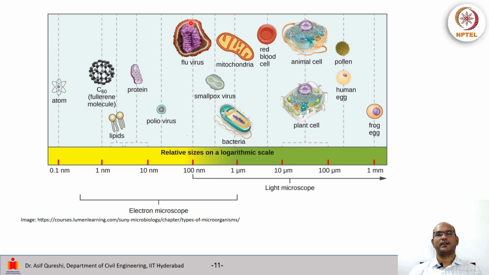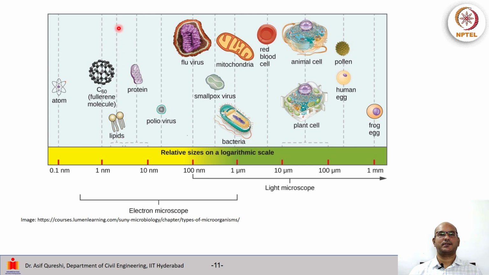Then we have the flu virus, 100 nanometer or 0.1 micrometer. These things can also be looked at through an electron microscope. The polio virus is around 20 to 30 nanometers, so 0.02 to 0.03 micrometer right here. Then we have the proteins, which are around several nanometers.